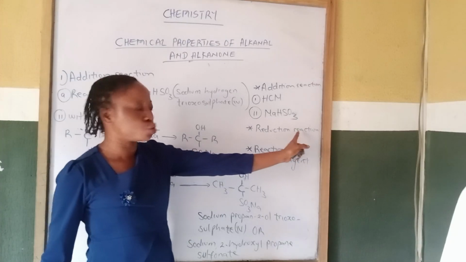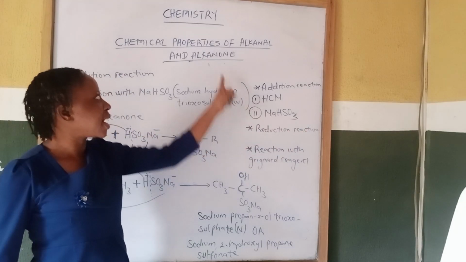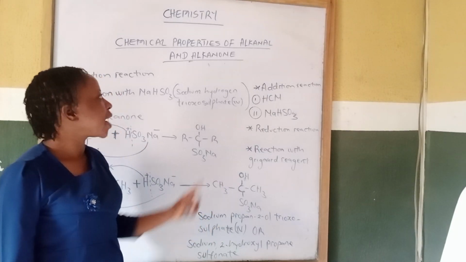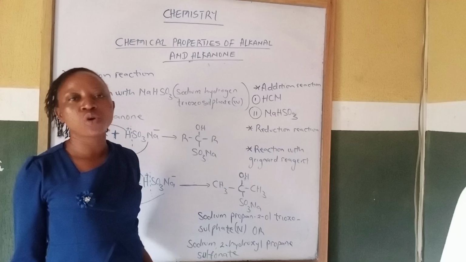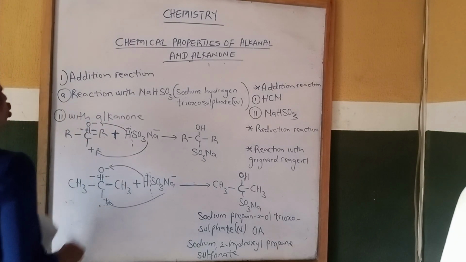Let's move to reduction reaction. So reduction to alkanol. Don't forget that I said that an alkanal will reduce to what? A primary alkanol, while an alkanone will reduce to what? A secondary alkanol. So let's move to the reduction reaction.